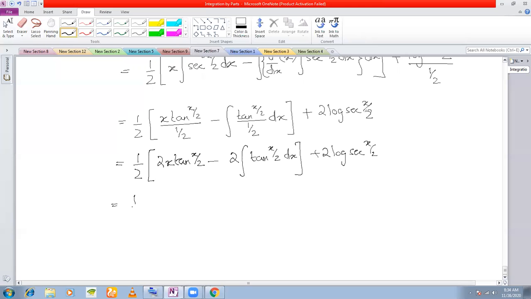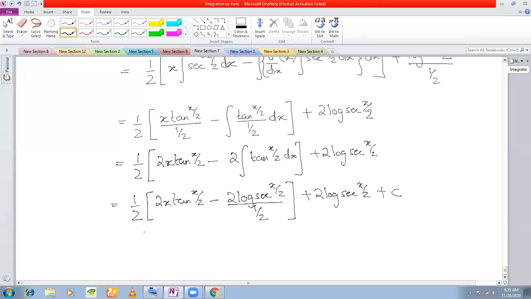So this is half of 2x tan x by 2 minus twice tan x by 2 again. The integral is log sec x by 2 divided by the derivative of x by 2, plus twice log sec x by 2 plus a constant.